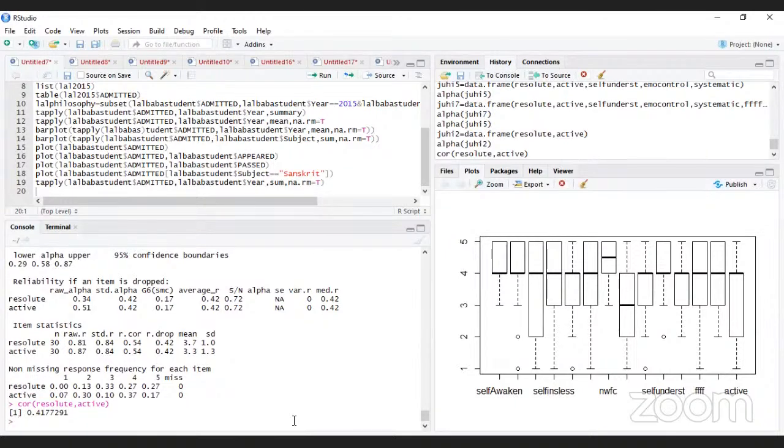But if we want to find out the item total correlation, then what we can do? We can take these two.